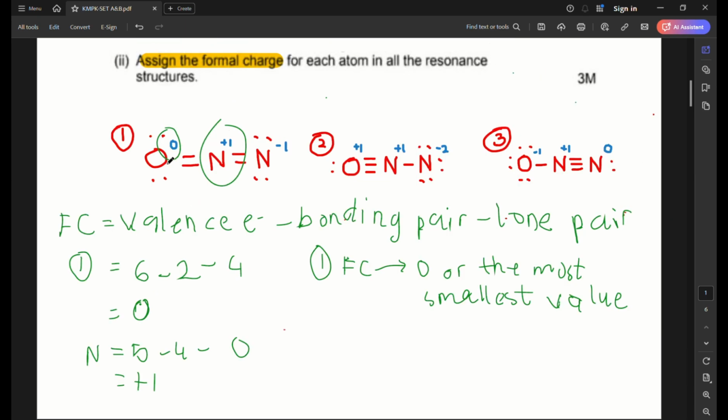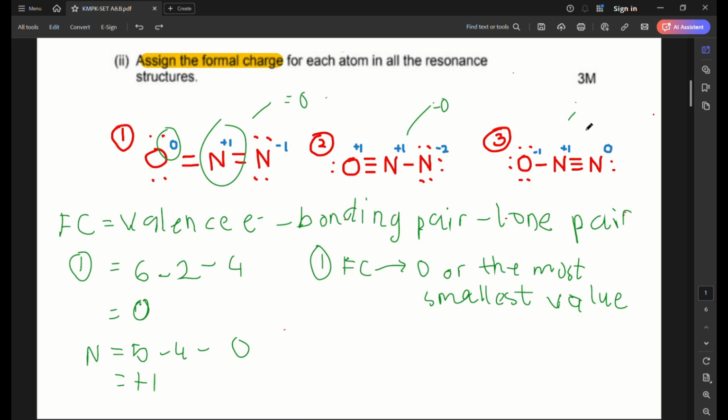But as you can see here, all of them added up equal 0. So 0 plus 1 plus negative 1 is equal to 0. Plus 1 plus 1 plus negative 2 is also equal to 0. Negative 1 plus positive 1 plus 0 is also equal to 0.